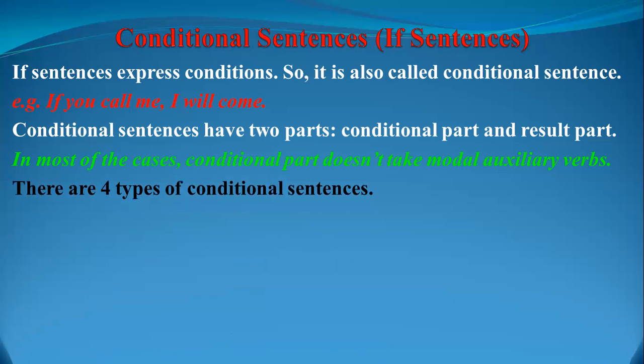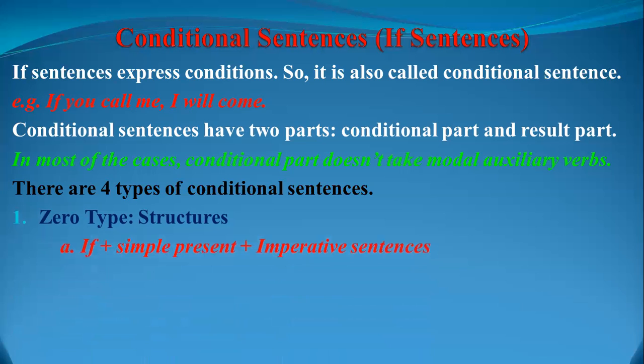So let's go towards its types. There are four types of conditional sentences. What are those? Let's see here. Number one, zero type. For zero type, we have some structures. Structure first: if plus simple present plus an imperative sentence.